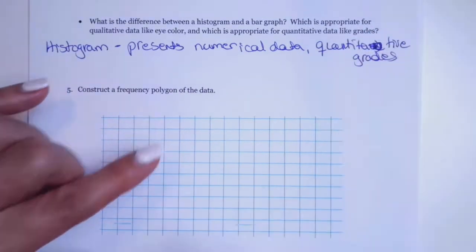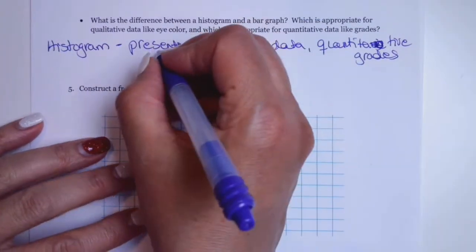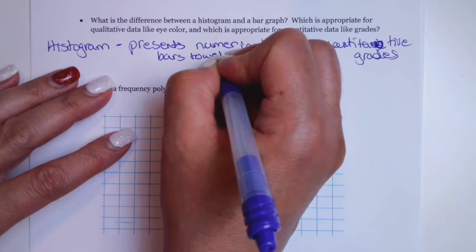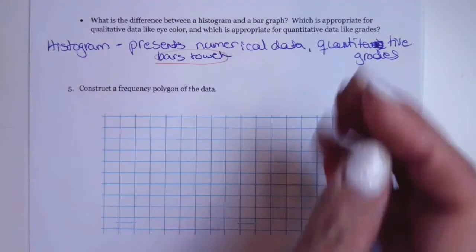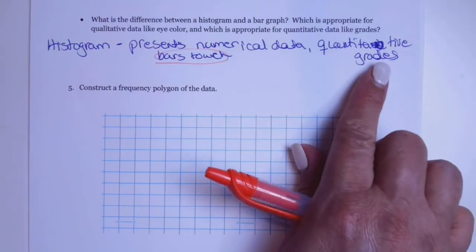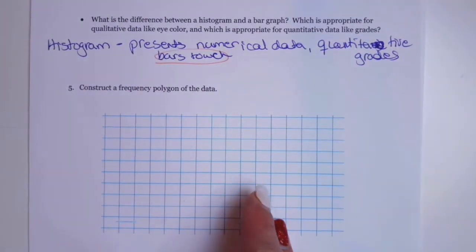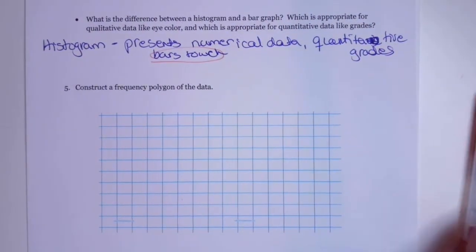And remember, in this one, the bars touch. In a histogram, we have the bars touch. Again, we can have grades. We don't only have like a 90 and a 95. We can have a 92 or an in between as well.